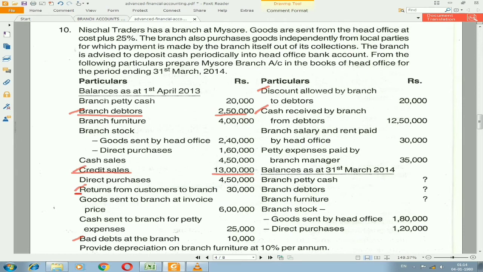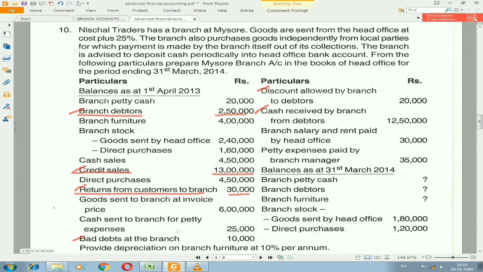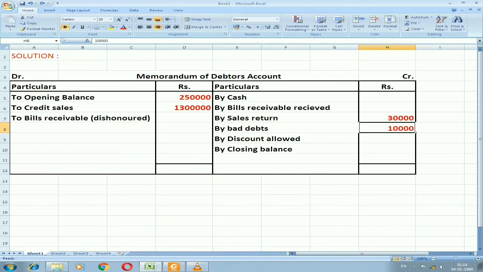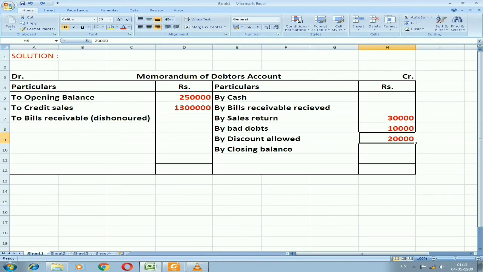Then we have returns from customers to branch, that is nothing but sales return, that we are supposed to record on the credit side, 30,000. Then we have bad debts at the branch, amount of 10,000, on the credit side, bad debts 10,000. Then we have discount allowed by branch to debtors, that is the discount which is allowed to customers, amount of 20,000, discount allowed 20,000.